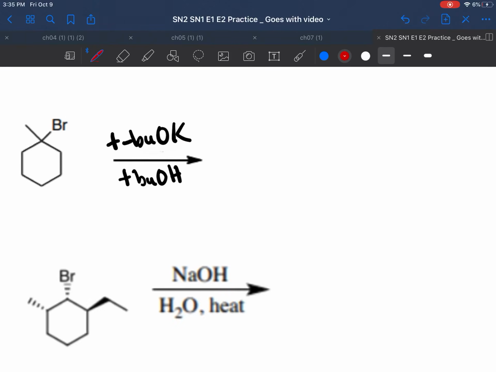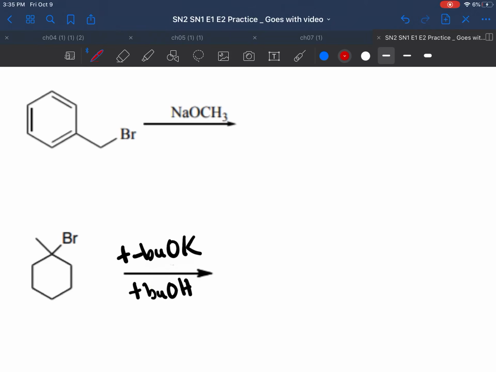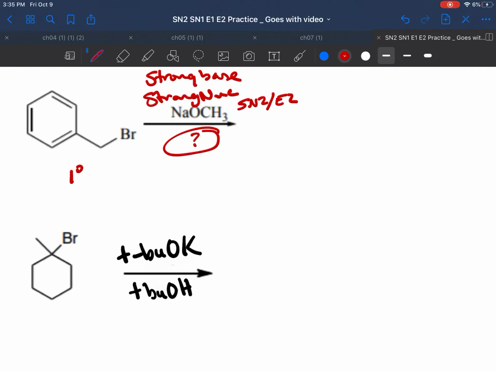About halfway done here. Now we've got a primary alkyl halide. We have a strong base, strong nucleophile. Could be SN2, could be E2. There's no solvent. Maybe I didn't put a solvent because you don't actually need the solvent on this one.